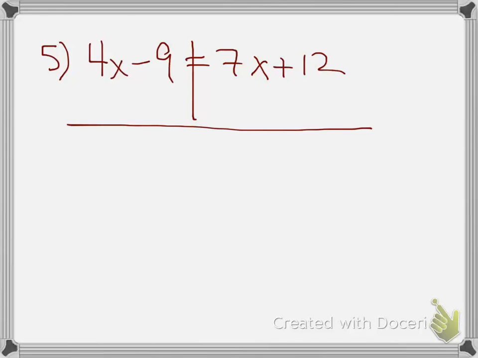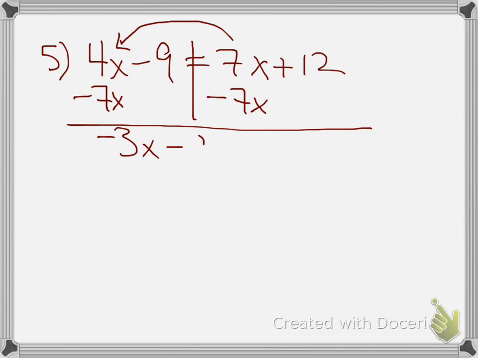All right, so here we go for number 5. We're going to move this 7x over to the other side. Positive 7x becomes negative 7x. I've got 4 minus 7 is negative 3x minus 9 equals 12. Then I can move the 9 to the right.